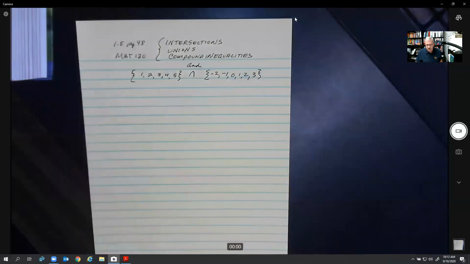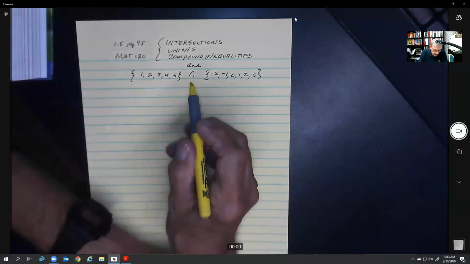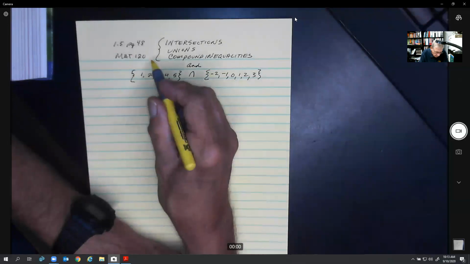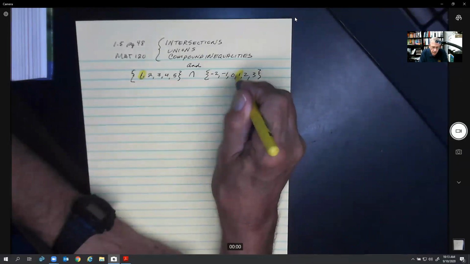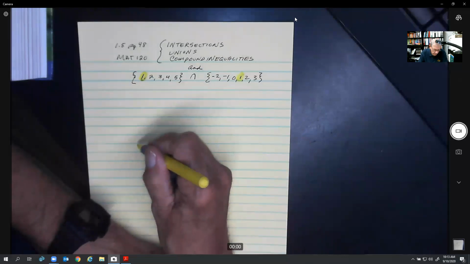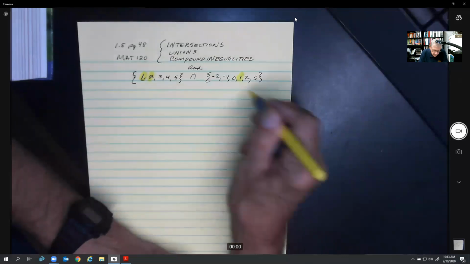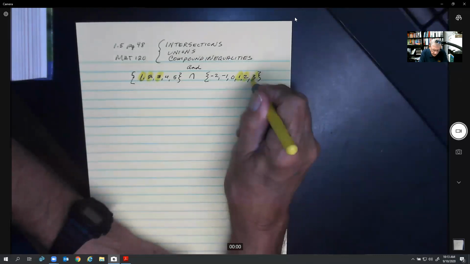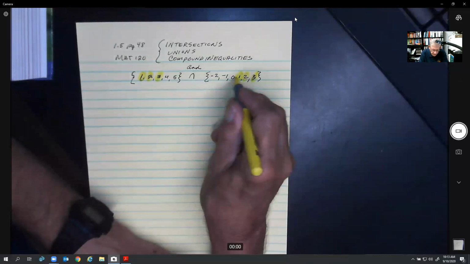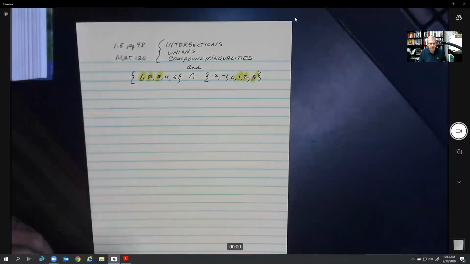The intersection of these two sets is the set of just the elements that are common to both of them. Both of these sets have a 1. They share this common number, 1. They both have a 2. They both have a 3. They have other numbers. This has a 4 and a 5. This has a 0, -1, -2.